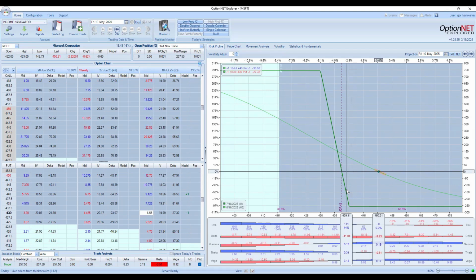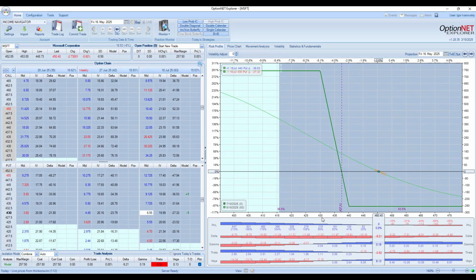If we are right, and if Microsoft say goes to 420 at expiration, well, our gain here is limited to the difference between these two strikes, 440 and 430, which is 10 points, right? 10 points per share times 100 shares, because each spread will cover 100 shares.